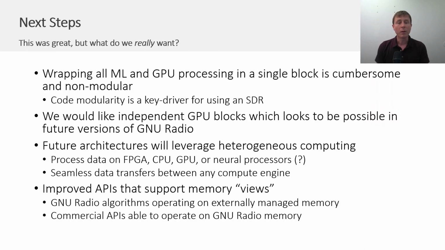And then Adam spoke to MatX. We think that its ability to leverage views and that API's ability to interact with commercial APIs such as GNU Radio is going to be very, very useful going forward. Especially as soon as GNU Radio is able to handle GPU memory.